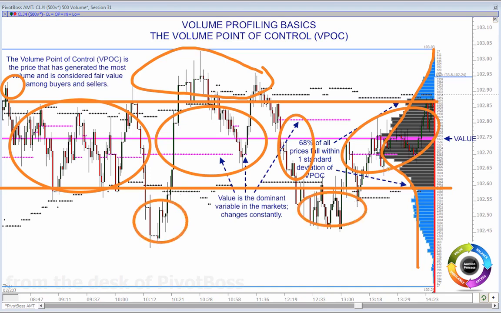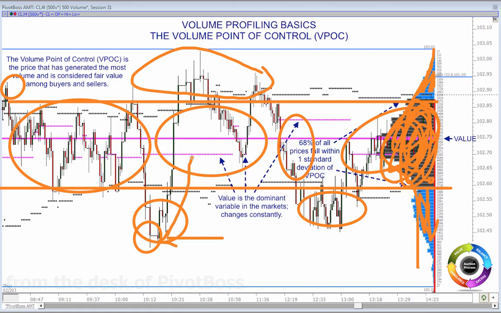How little. That's exactly what you see in the profile. Here's the little bit that traded above. Here's a little bit that traded below. And this bulk is all the people that liked it in this price. So your goal as a fearless trader is that when price steps out of value, you buy that, because chances are it returns to value.